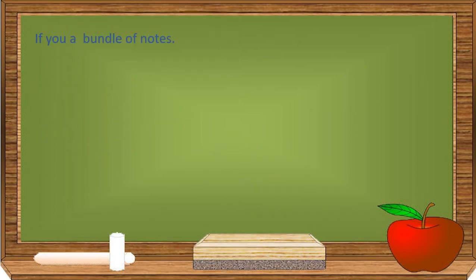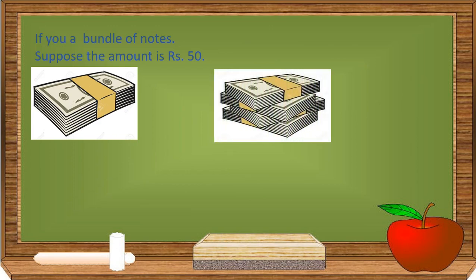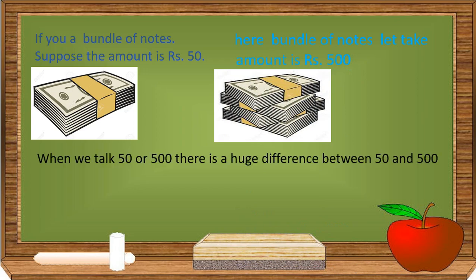Now let us understand the value of 0. Suppose we have a bundle of notes, and suppose this bundle has an amount of rupees 50. So when we arrange all these bundles in this way, let us consider that the amount of the collection of these bundles is rupees 500. Now here we have the two numbers 50 and 500.